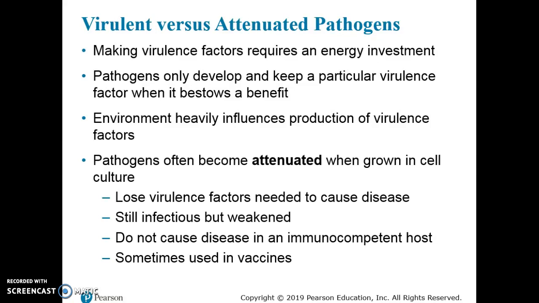This is done in the lab, and when bacteria and viruses, this is a good example for viruses as well, grow in and around these human or animal cells, they actually lose the virulence factors needed to cause disease. They're still able to get into the cells, they're still infectious, but they're weakened, and so they're not pathogenic.